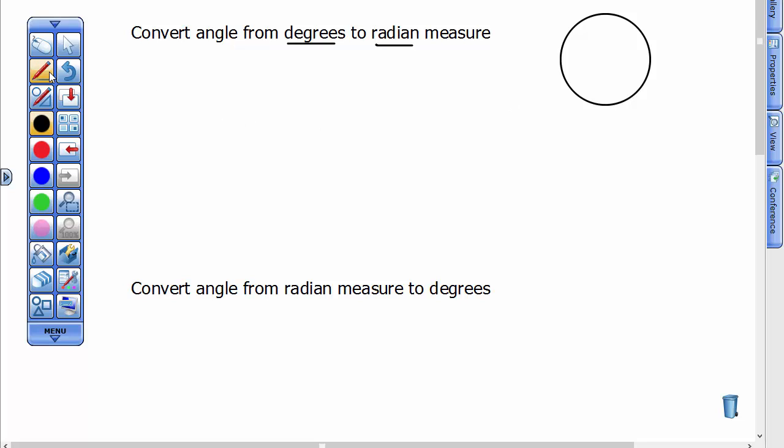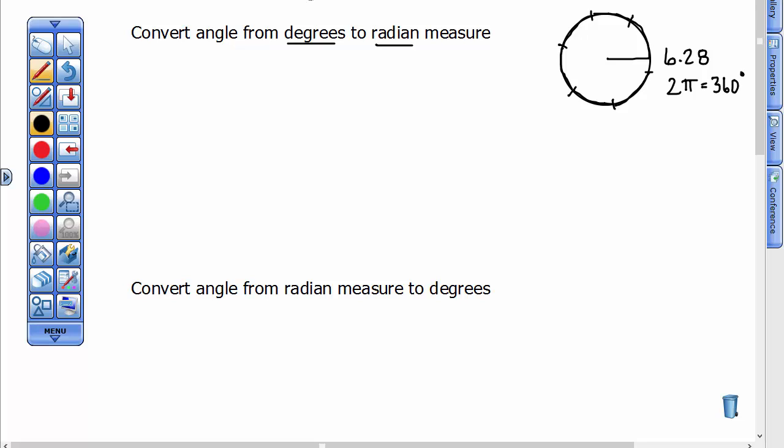If I took the radius of this circle and put it around the circumference of the circle, that radius would go around 1, 2, 3, 4, 5, 6.28 times, or 2 times pi, 2 times 3.14. Yet going around that whole circle is going around 360 degrees.